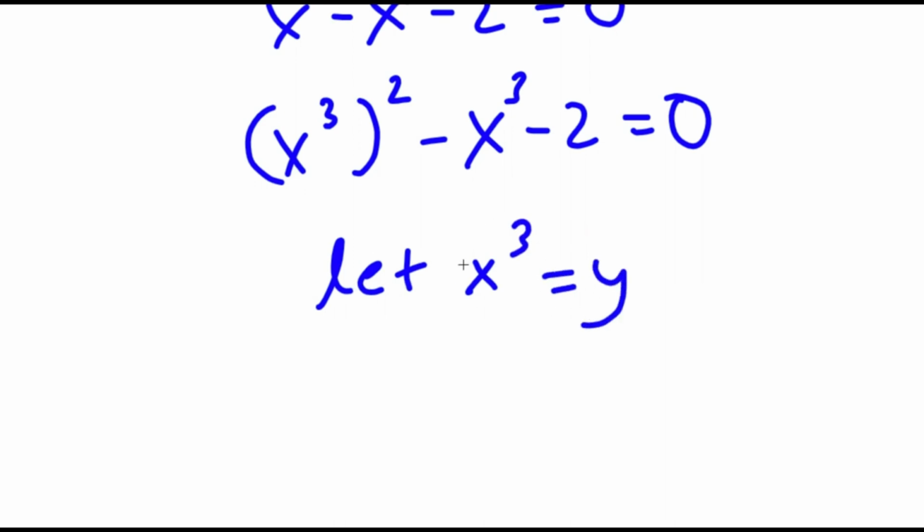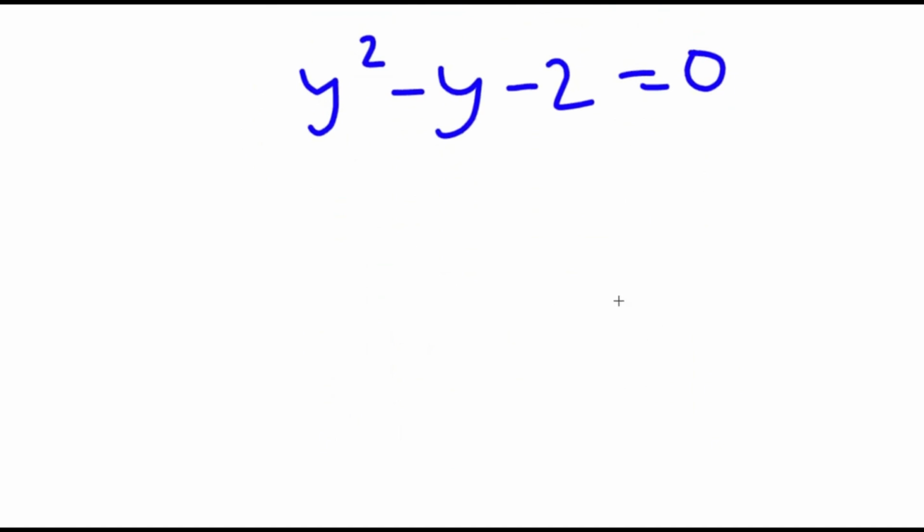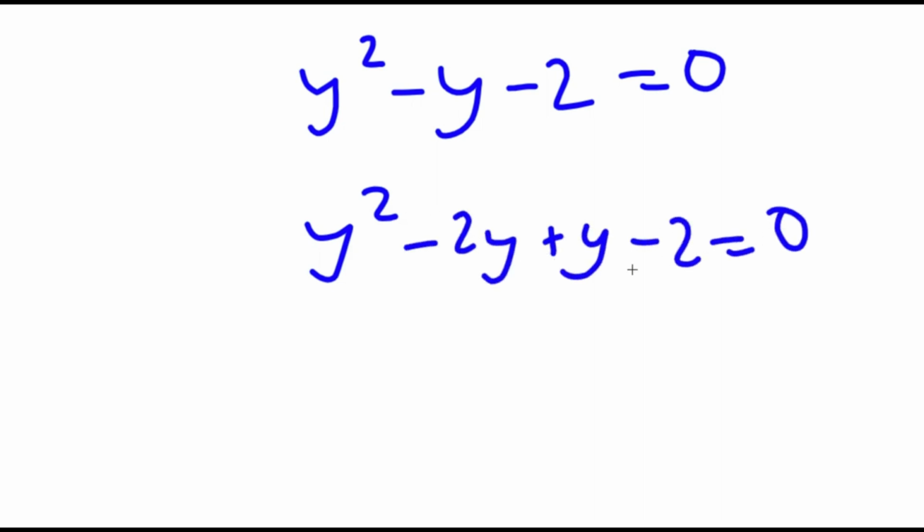So now if I substitute in y for x to the power of 3, I get y squared minus y minus 2 is equal to 0. So now I'm going to factor this by rewriting this as y squared minus 2y plus y minus 2 is equal to 0.